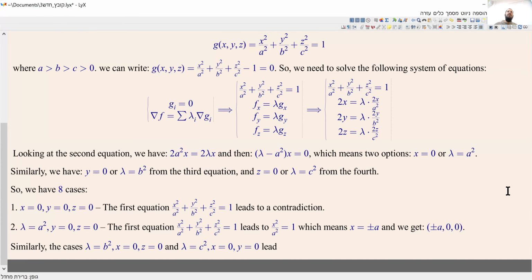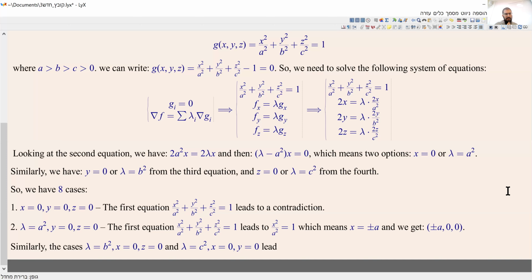But can it be b squared and c squared, or do the others have to be zeros? Let's see. These cases lead to the expected points 0, plus minus b, 0 and 0, 0, plus minus c. The same way, the case of lambda equals a squared, y 0, z 0 leads to the points plus minus a, 0, 0.